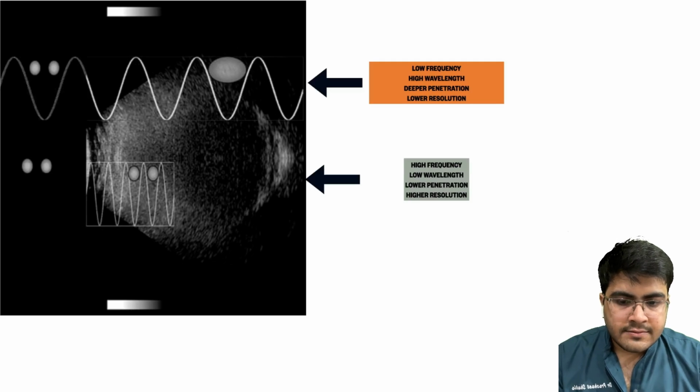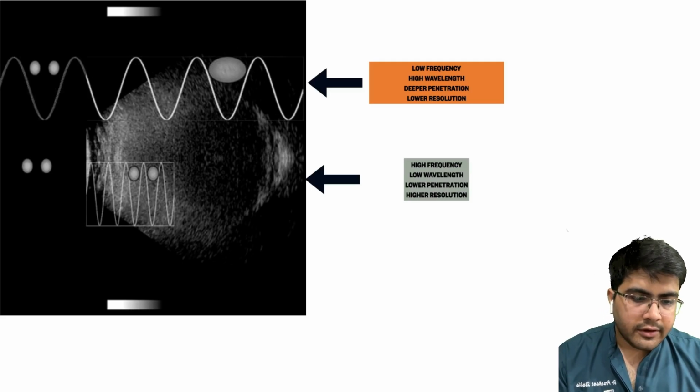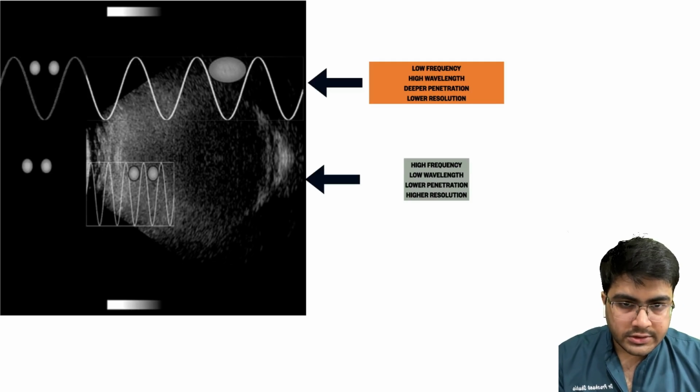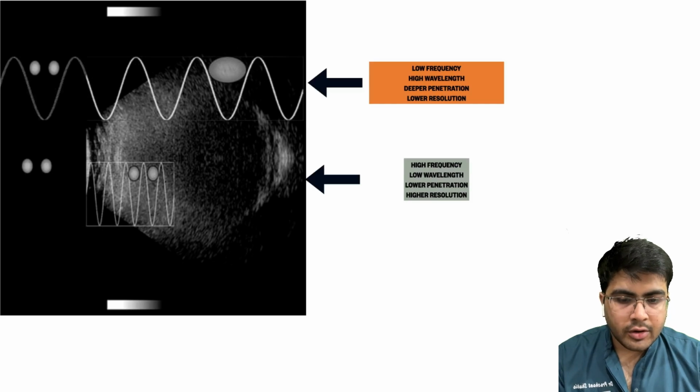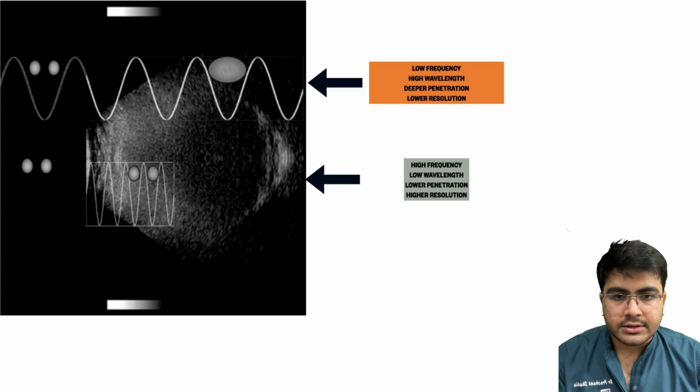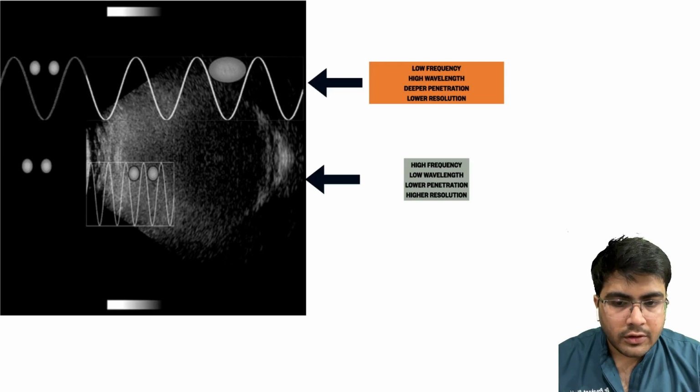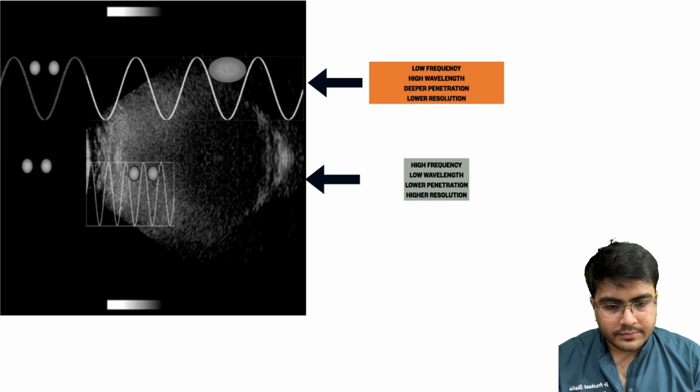Next, if you increase the frequency of the ultrasound waves, the wavelength becomes very low, and this leads to lower penetration because it gets reflected back, but the resolution improves because it can detect finer structures. So this is the whole basis of adjusting the frequency of the ultrasound.